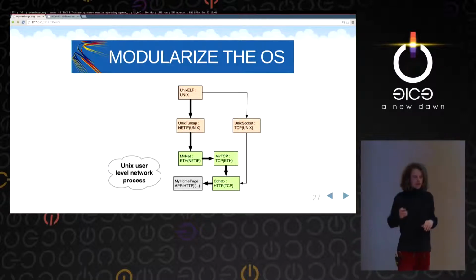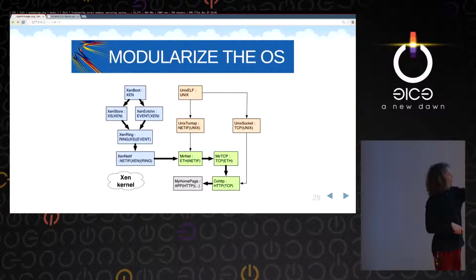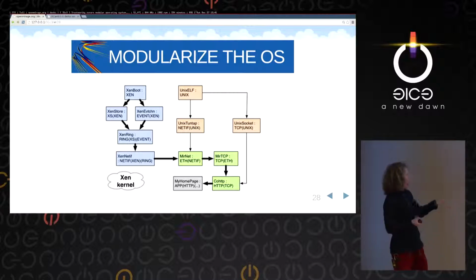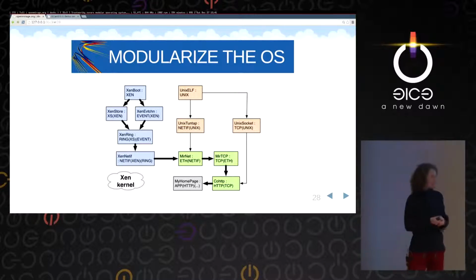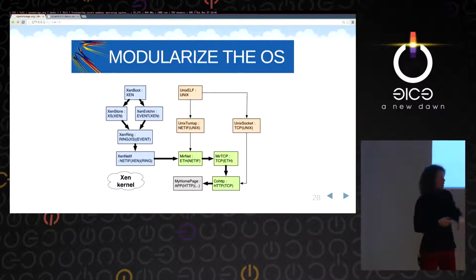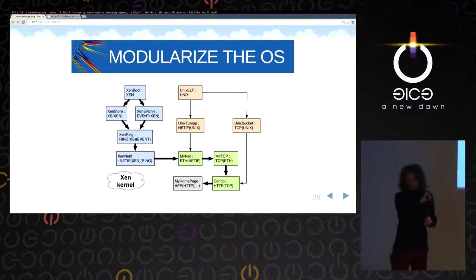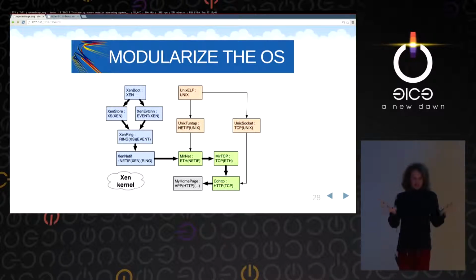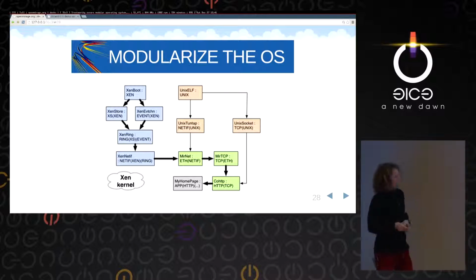Then, as a third alternative, I can just get rid of the Unix system and use Xen instead of it. The only thing I really need from Xen is a virtual network interface. I can compile it with the Xen user space libraries, and I end up with a binary, which is this virtual machine running directly on Xen.